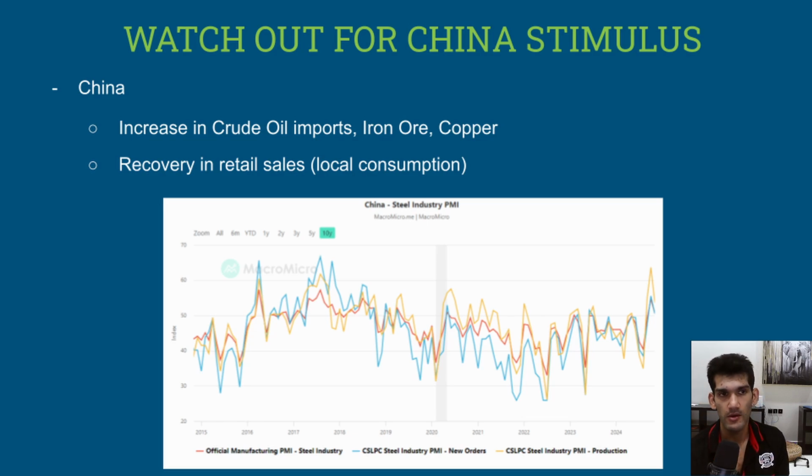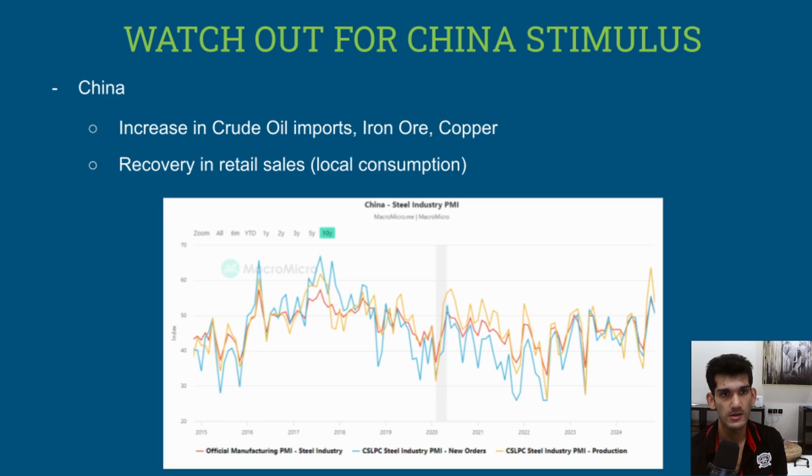But there are some factors that we can keep looking out for, which is how much crude oil they're importing on a monthly basis, whether that's increasing or not. We've seen a dip in the crude oil imports by China in 2024, and that's in line with the whole economy being slower than in 2023.